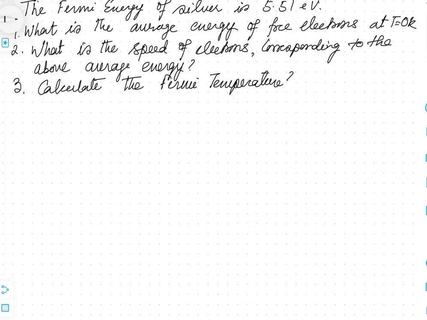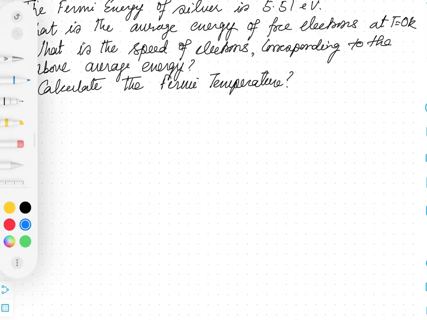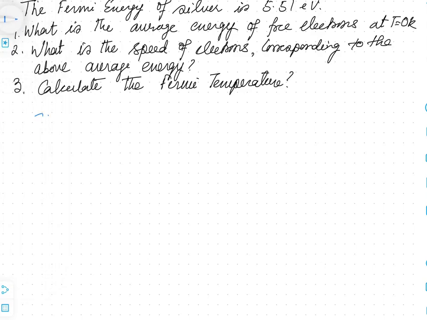So what is given? The Fermi energy of silver is given, 5.51 electron volt. And what we have to find out?